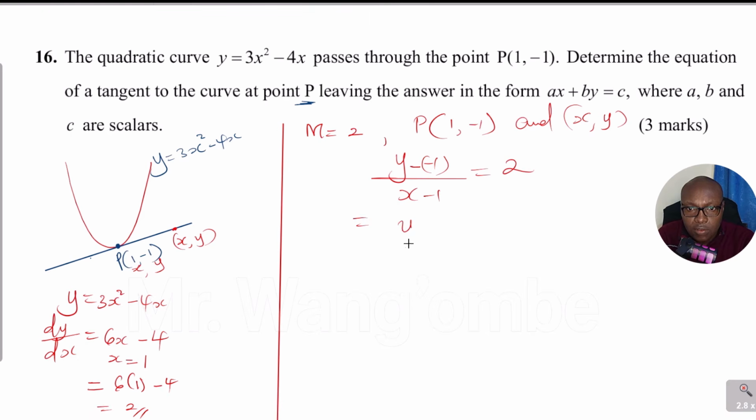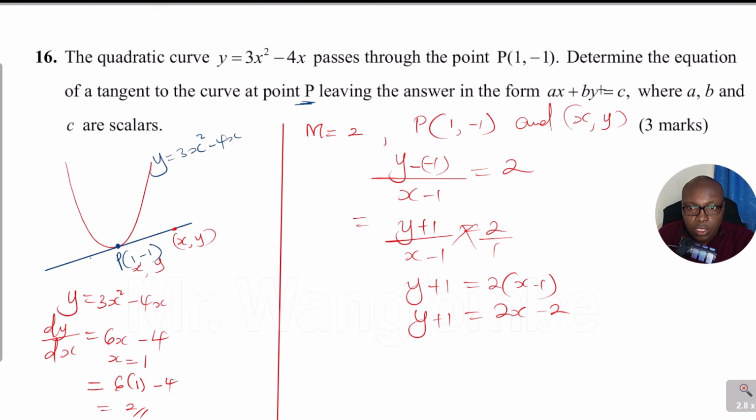So y plus 1 over x minus 1 equals 2 over 1. Cross multiplying, y plus 1 equals 2x subtract 2.